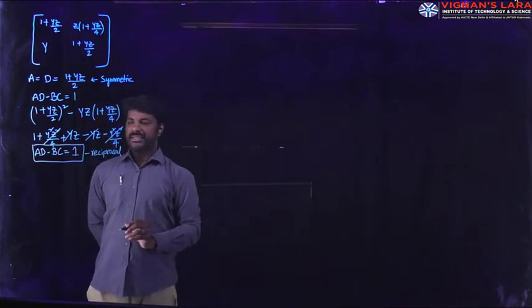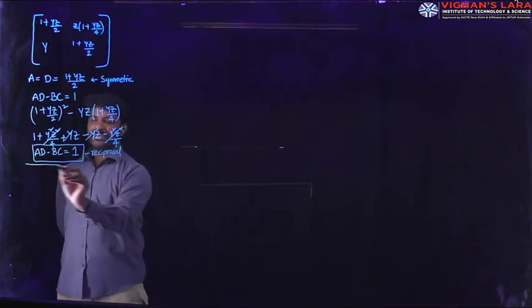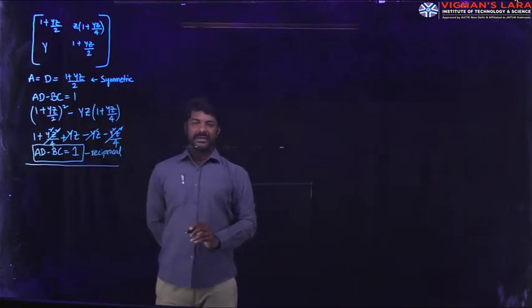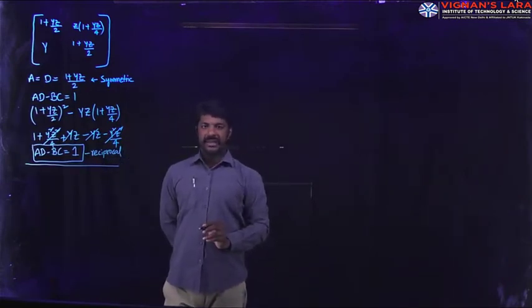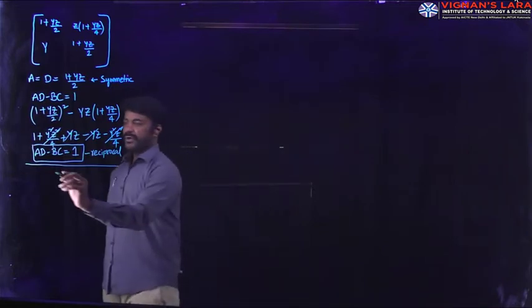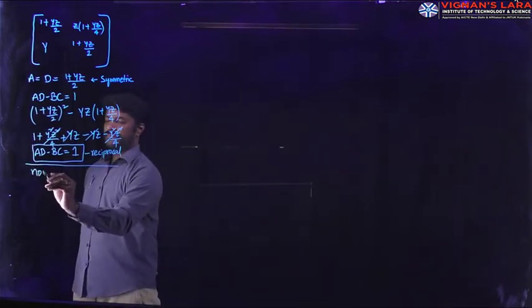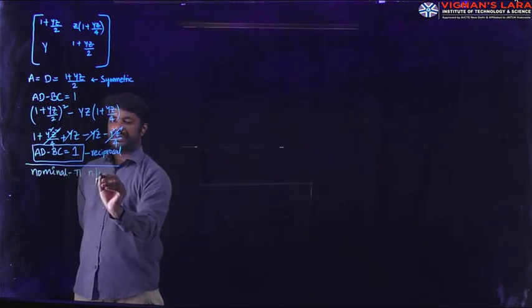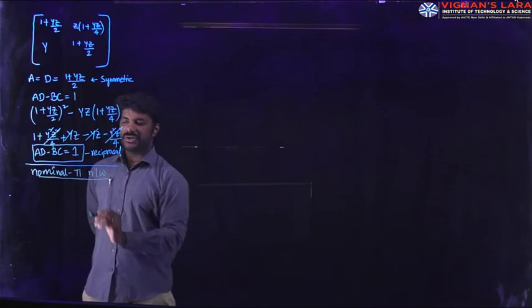Okay. In the same lines, let me calculate the ABCD constants for the last method of the medium transmission line, that is the nominal pi method. So let me go for the nominal pi calculation. So it is a nominal pi network.